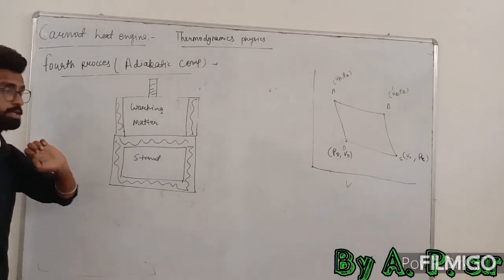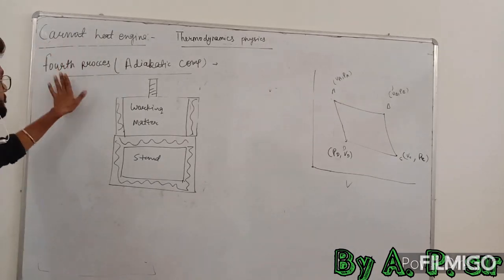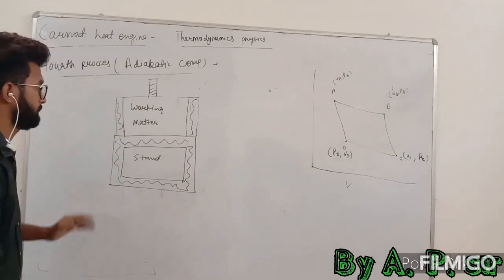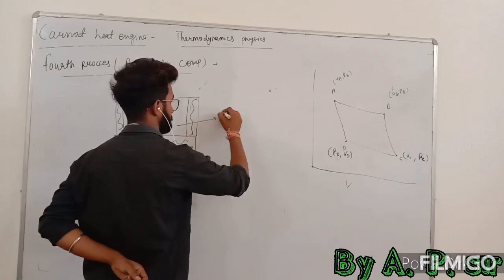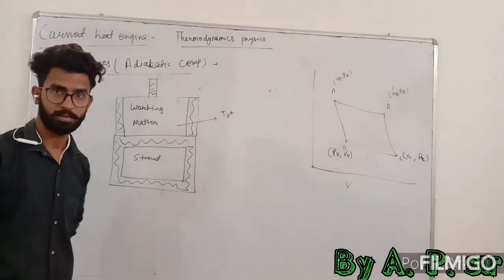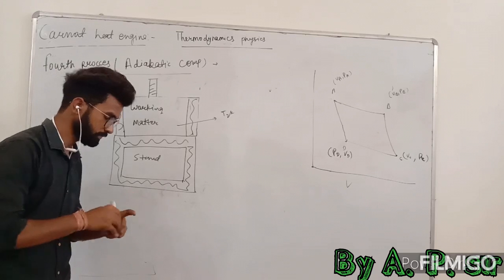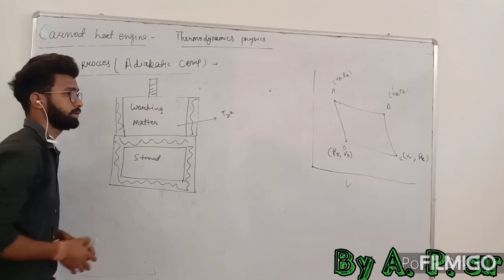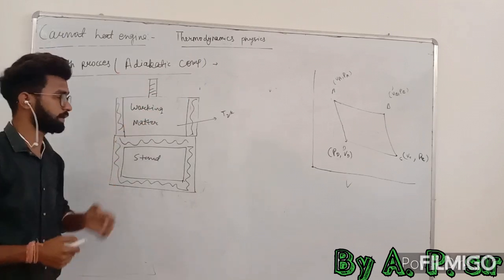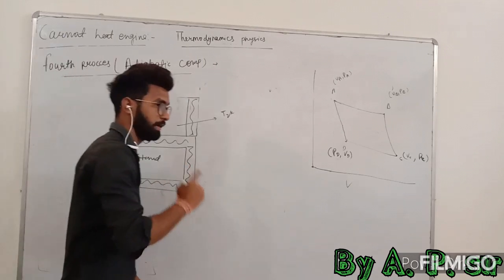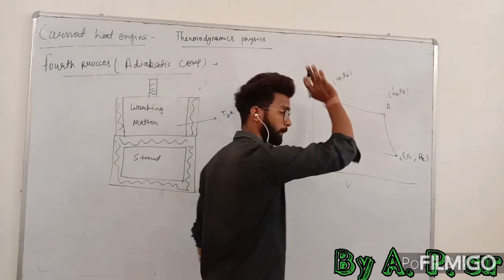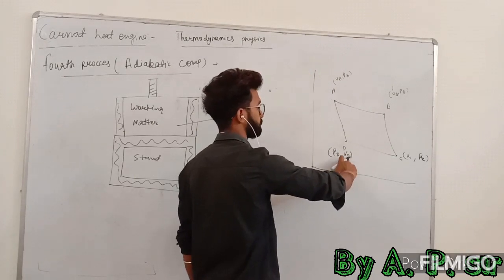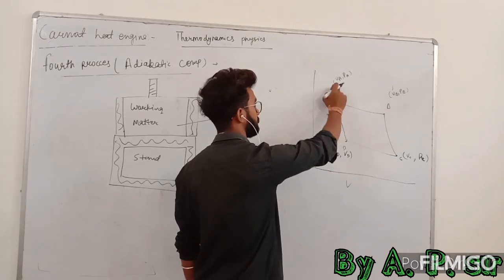Now the fourth process. In the fourth process of Carnot heat engine, we put the working matter on the stand again. In this condition, the temperature is T2 Kelvin. When we push the piston on the working matter, pressure will increase from PD to PA, and volume will decrease from VD to VA.